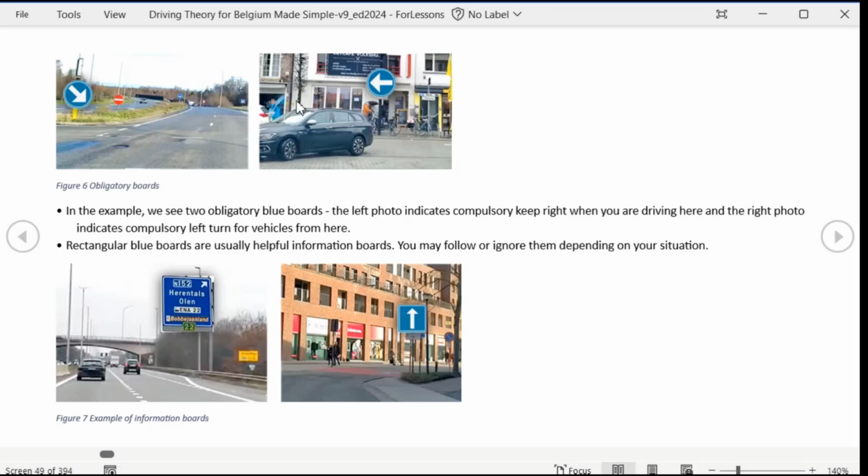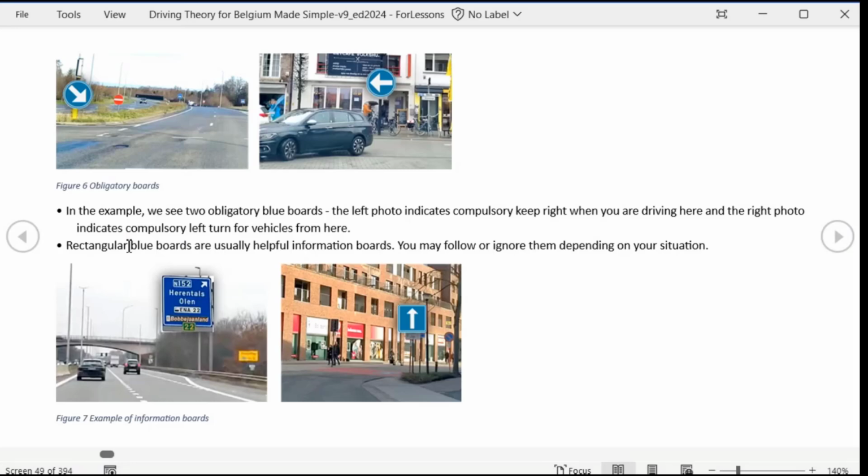These obligation boards need not be placed on the right. As we just discussed, almost all the time, traffic signs must be placed on the right side. In this case, obligatory boards are the only boards which may be placed wherever they are best visible.